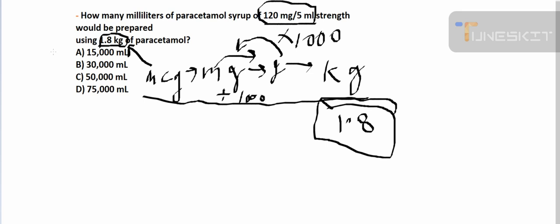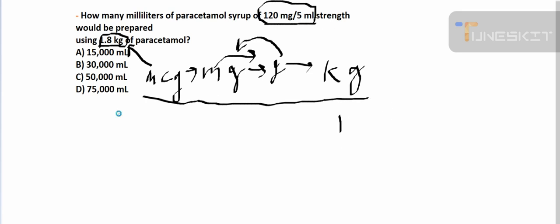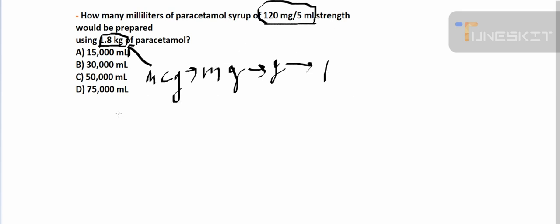So from this, if you want to convert 1.8 kg into mg, because we have to make it mg, what will we do? We will multiply it 2 times by 1000, because we have to make one jump and another jump.